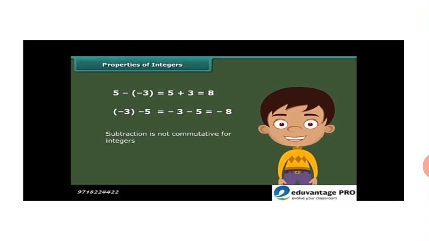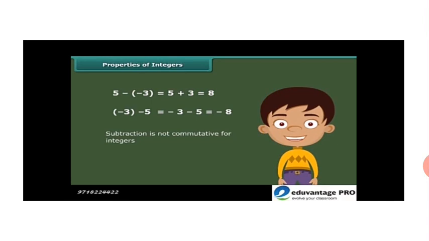Then I am interchanging the numbers with the sign: minus 3 minus 5 is equal to... there is no sign multiplication, simply you write the sign with the number as such. In minus 3 minus 5, the signs are the same but the numbers are different.